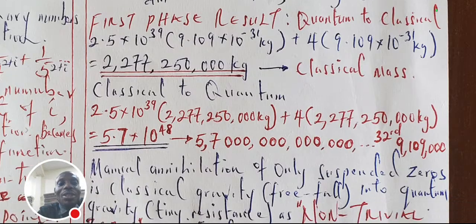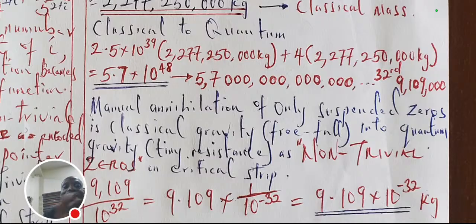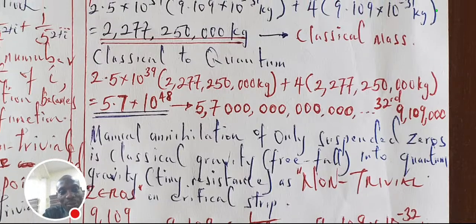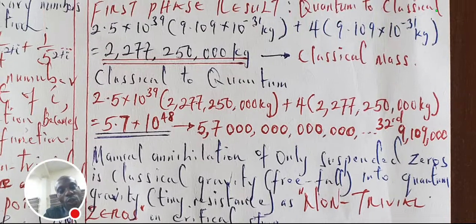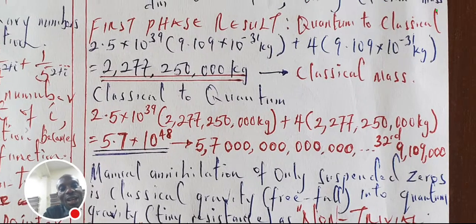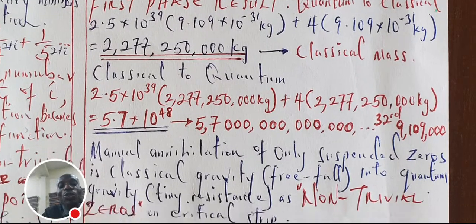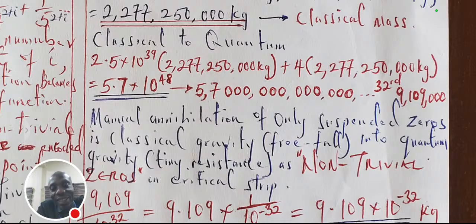Now, let's dissect from classical to quantum. So now we use the formula, but this time we're going to use the classical mass worth that we have gotten. We want to use that classical mass worth and then see if we can actually reconfirm the quantum mass worth.